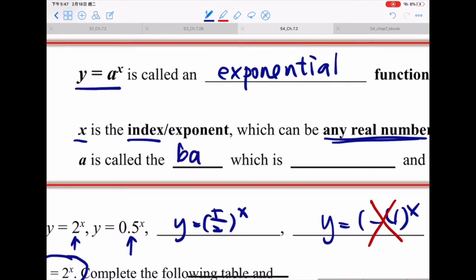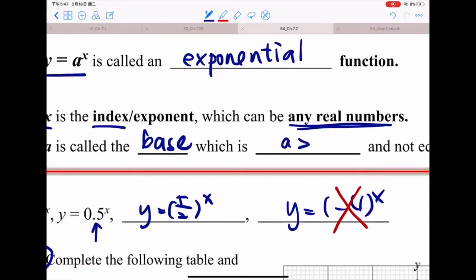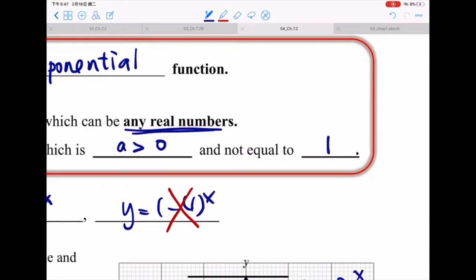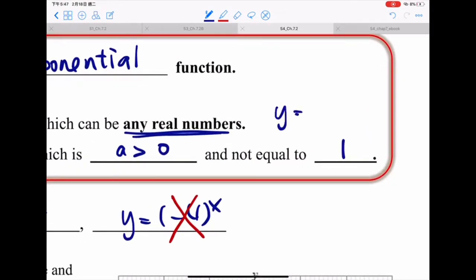And the base, which is a, must be greater than 0 and should not be equal to 1. Because if a equals 1, it's always equal to 1, so it's meaningless to study. Therefore, not equal to 1.